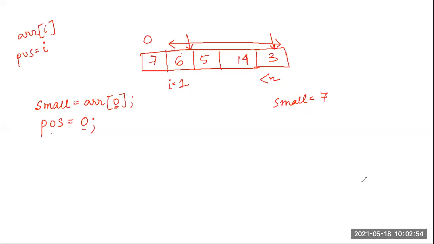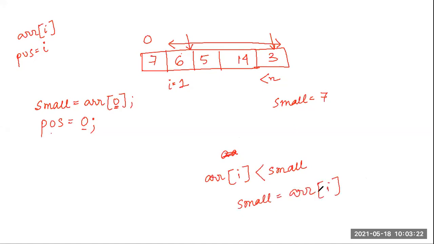So in between this loop, what I was checking? Suppose I am starting from I = 1. If my array of I is less than the value I already have in small, then my small will be updated, and accordingly my position will also be updated.